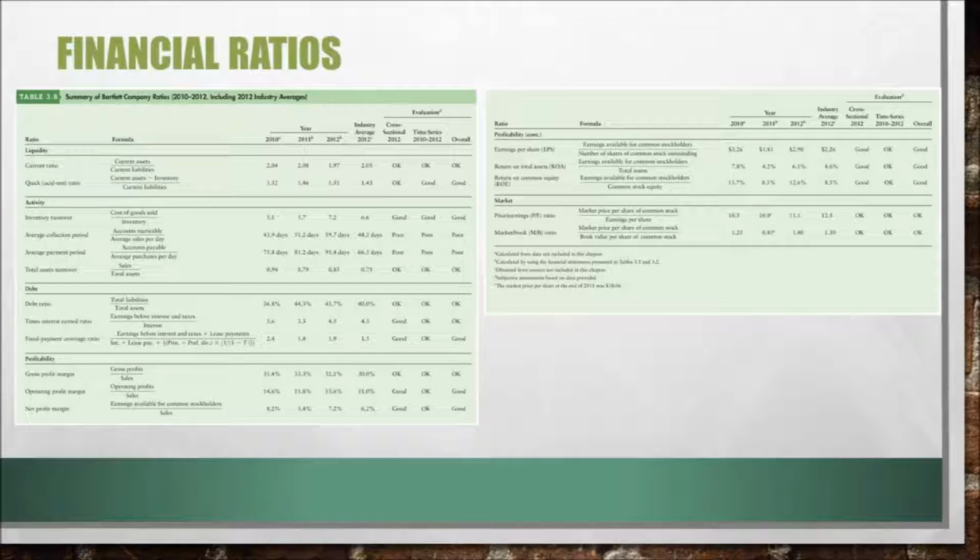The debt ratio, times interest earned ratio, fixed payment coverage ratio, the formula, and then some of the numbers from the years on. Profitability, which is the profit margins, operating margins, and the net profit margin.